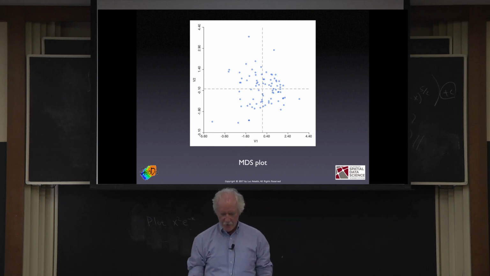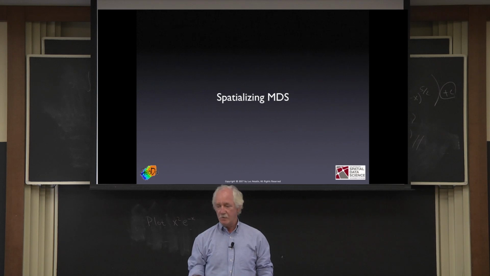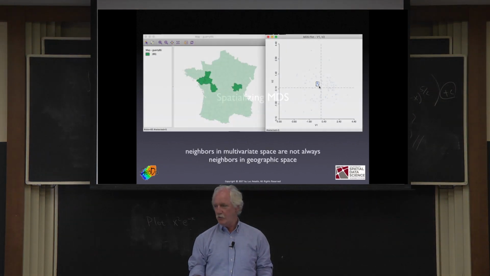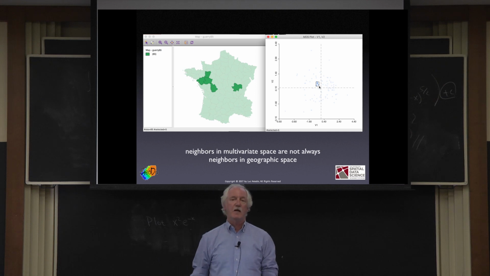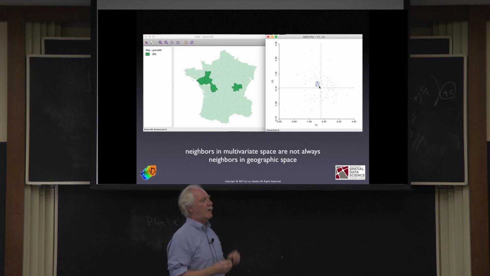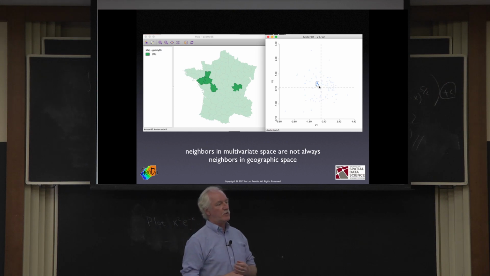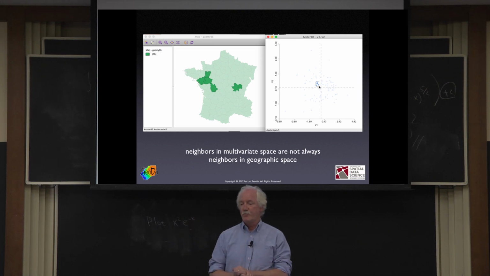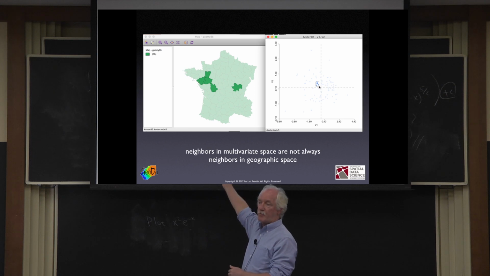And so then again, we can spatialize this, and this is really cool. You can see if observations that are close in multi-attribute space, which are points that are close together in the multidimensional scaling plot, where are they on the map? Are they neighbors? Are they not neighbors?